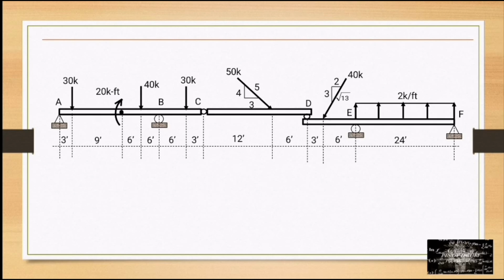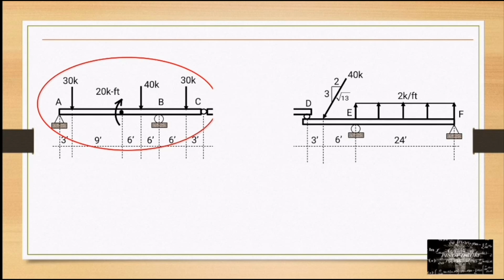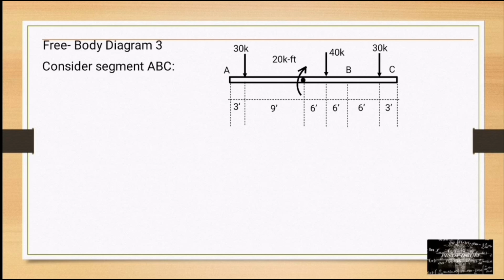Now, yung pinaka-last na segment na i-isolate natin, yung segment ABC. Okay? So, we have free body diagram number 3. Ito siya. So, sa point A, since naka-pin, we have AY, then AX.